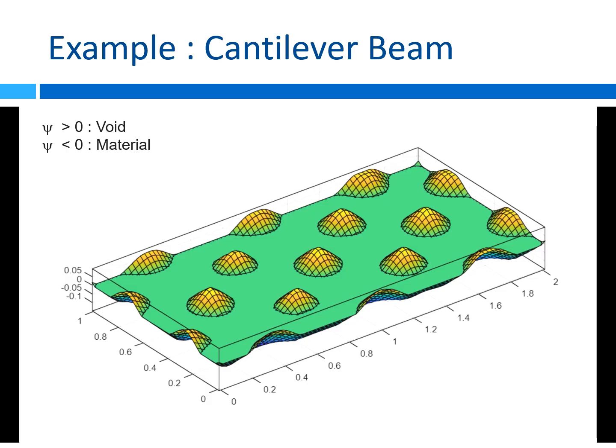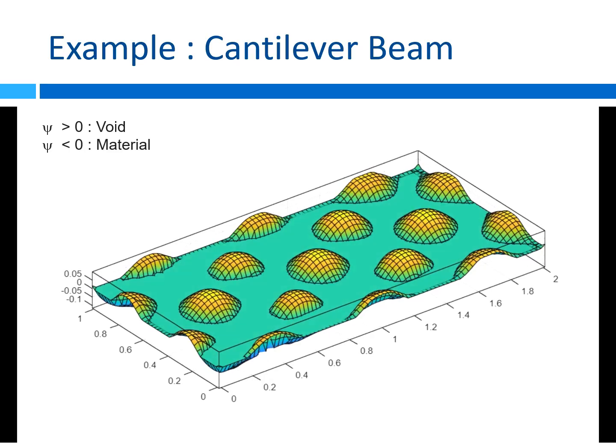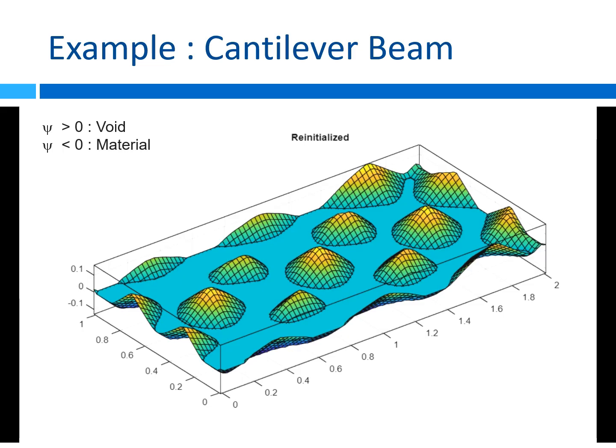Okay, so here the level sets are distributed in this way, and ψ greater than 0 is considered as void, and ψ less than 0 is considered as material. And ψ equal to 0 is represented with this green colored line.